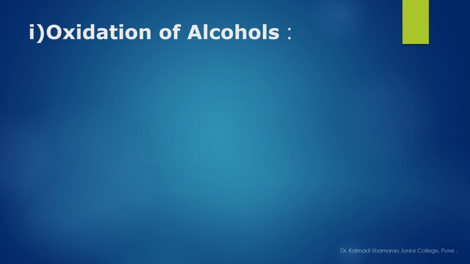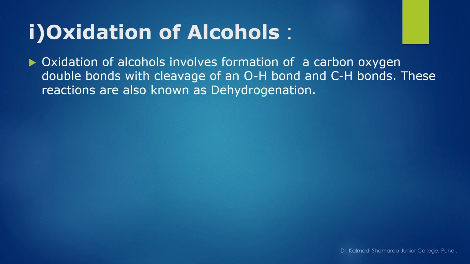First, oxidation of alcohols. Oxidation of alcohols involves formation of a carbon-oxygen double bond, the cleavage of an O-H bond and a C-H bond. These reactions are also known as dehydrogenation reactions. General transformation.